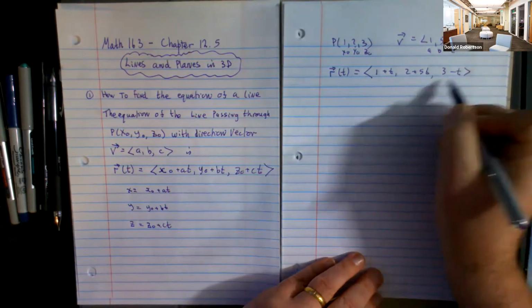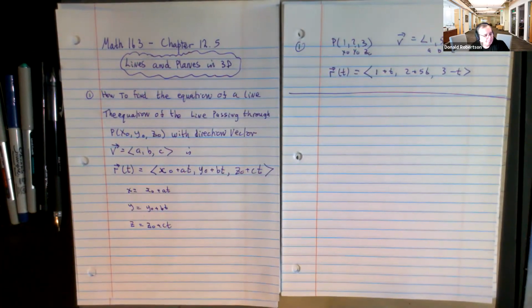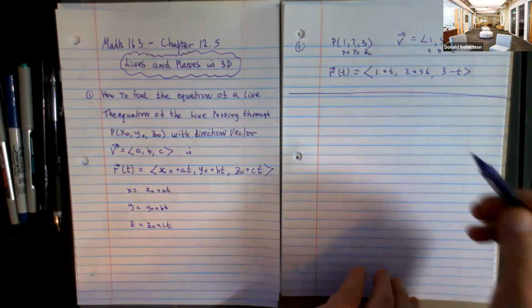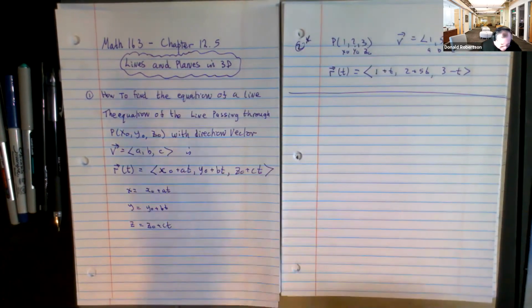Would you agree that's pretty straightforward, right? So if you tell me a point and the direction vector, so this is basically question 2 is like that, then that's what you do.